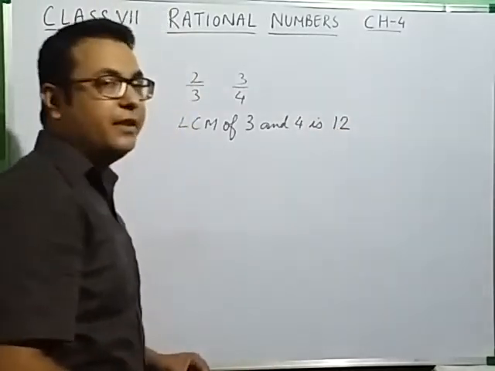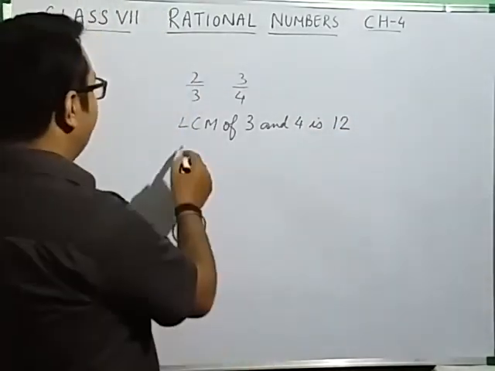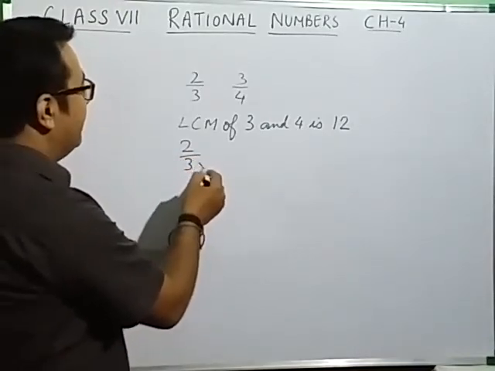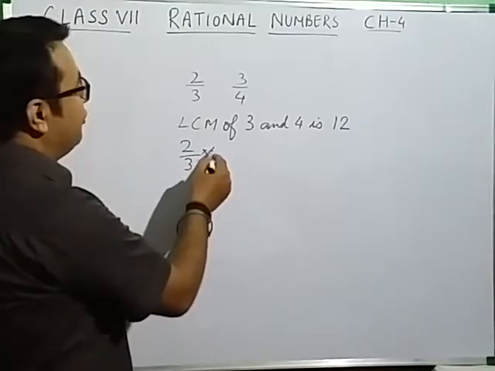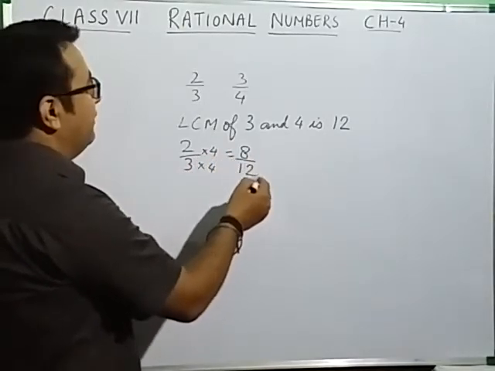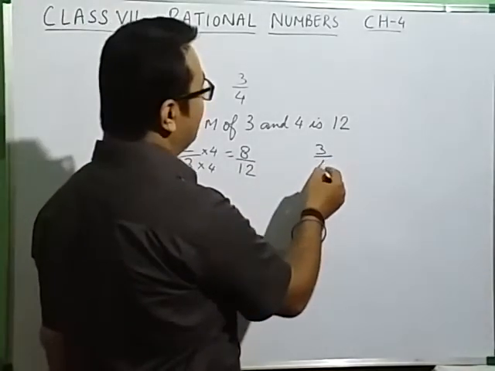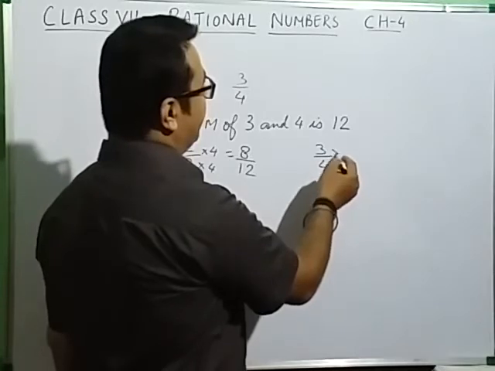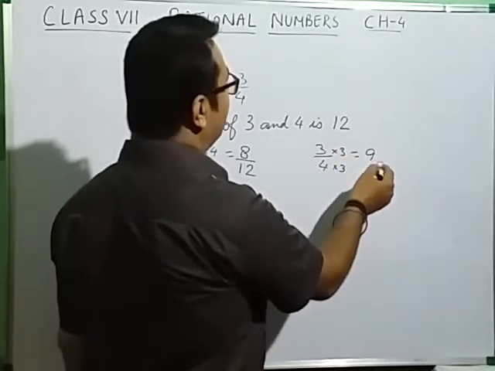So we'll make the denominators equal. First number is 2 upon 3. What should be multiplied by 3 to make it 12? 4. So numerator also will be multiplied by 4. What we got? 8 upon 12. Similarly 3 upon 4 also we need to make the denominator 12. We multiply it by 3. What we got? 9 upon 12.